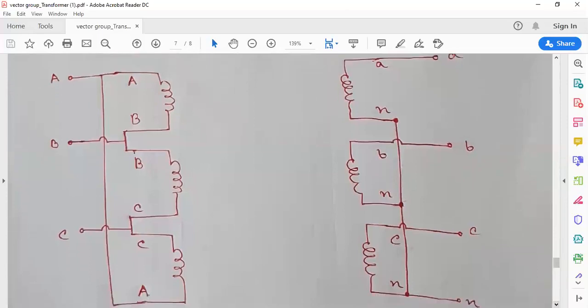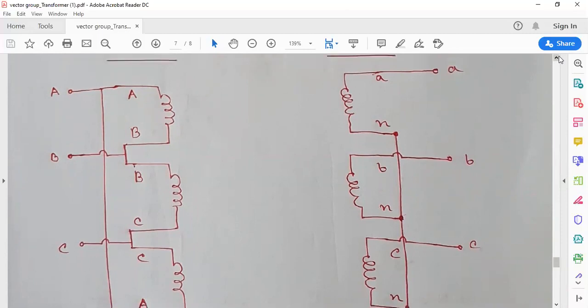The trick is at the delta connection. Okay, look at this. From A point to N point, there is a voltage, which is VAN. So this voltage is induced due to this winding. The voltage induced in this winding is due to the voltage in the primary.